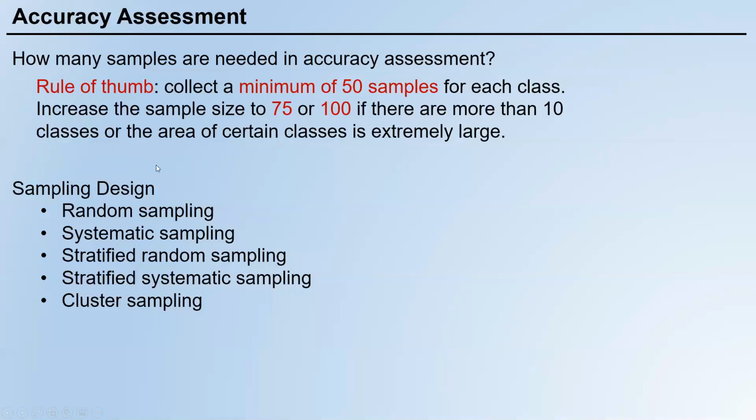Okay, and the second step, sampling design. How to find those samples? Random sampling, that's the most commonly used one, very straightforward, right? And we have other methods here: systematic, stratified random, stratified systematic, and cluster sampling. Let me use several figures to show you the difference.